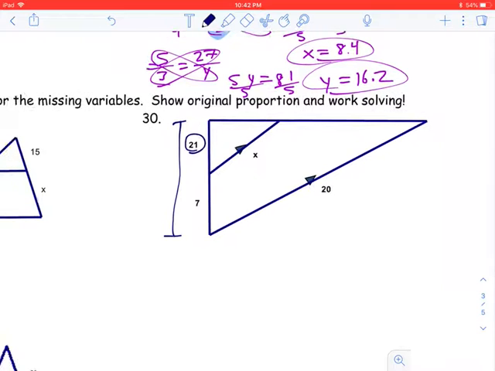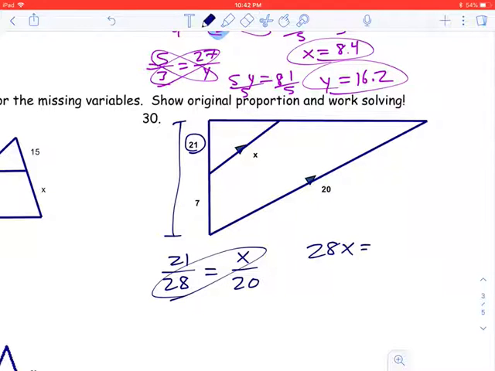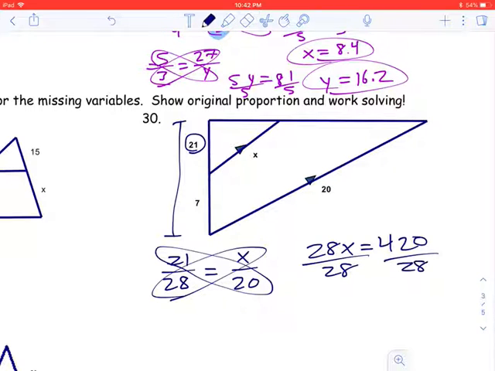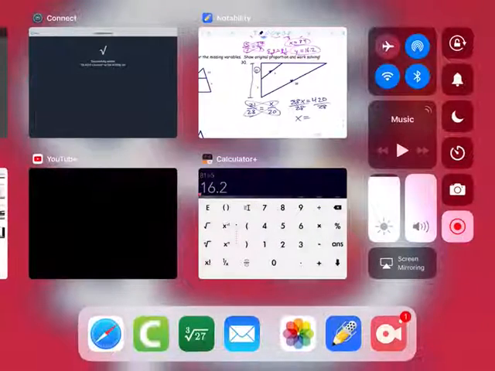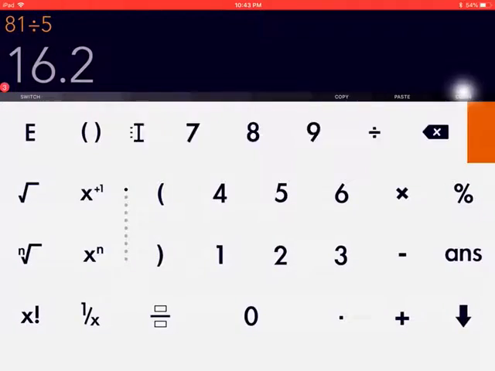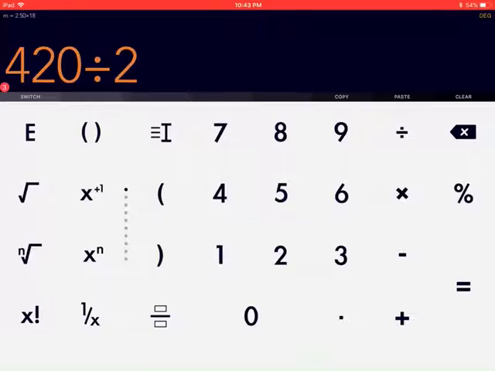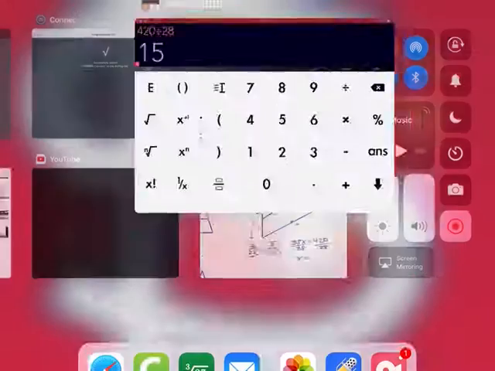So it'd be 21/28 is equal to x/20. And so when I cross multiply, I get 20x equals 420. So I divide by 28, I get x equals 420 divided by 28, you got 15.